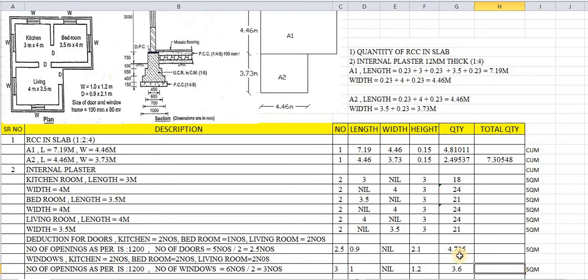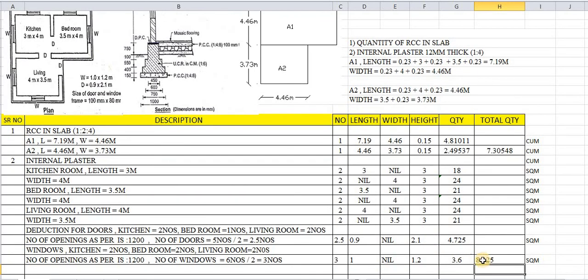These 2 are the deductions, so we will add these deductions. So it is minus 8.325.